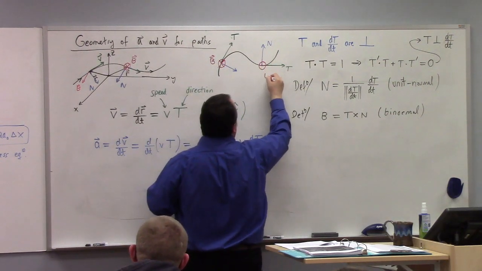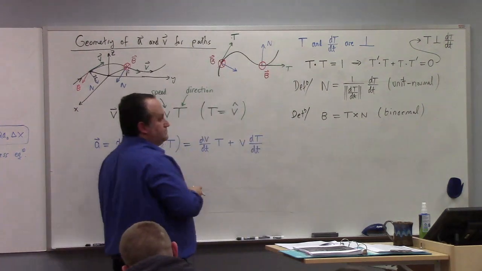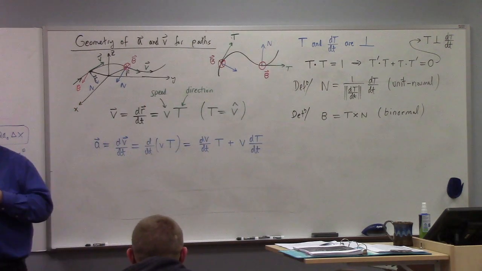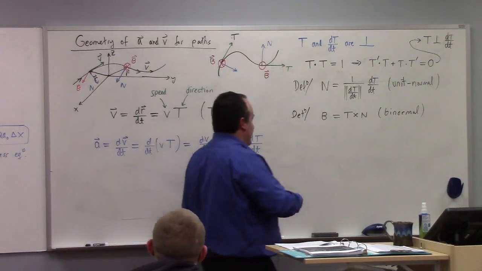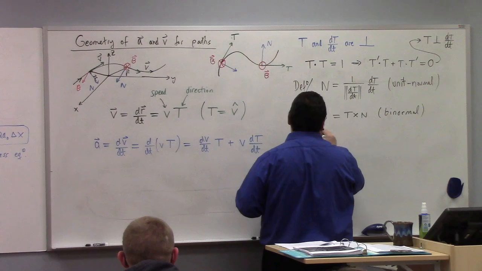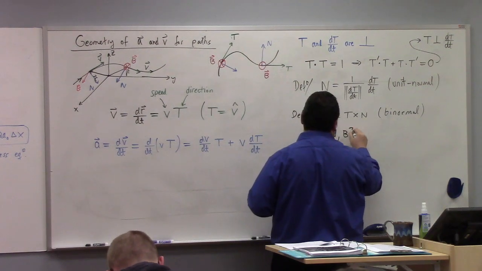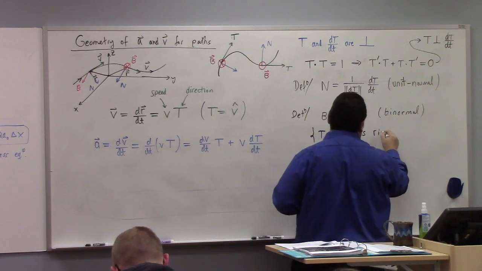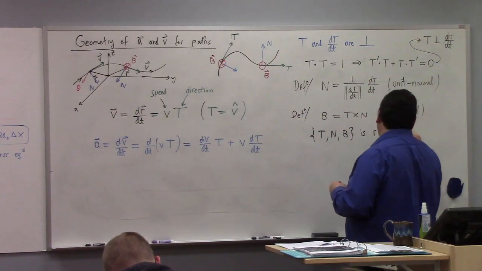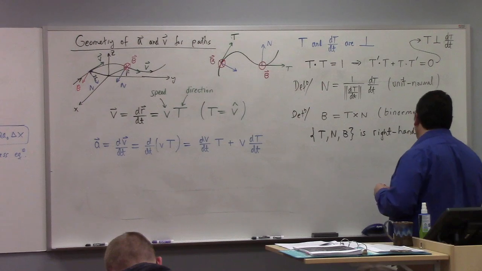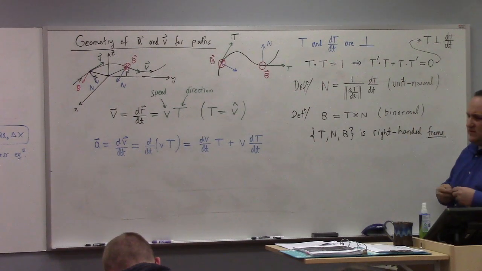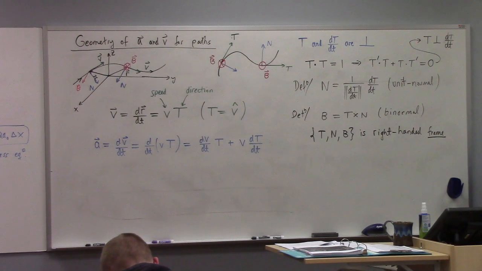All right. So the TNB frame is an example of a right-handed frame. TNB is right-handed. Frame, what that means is it's a collection of vectors thought of at once.